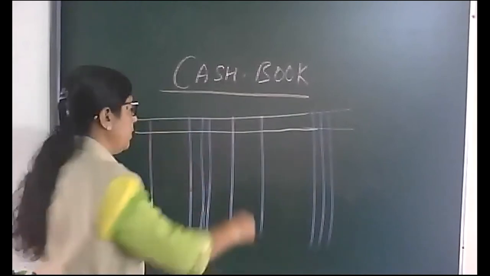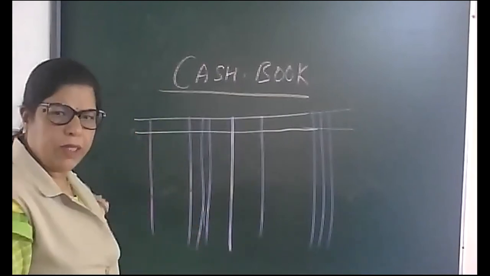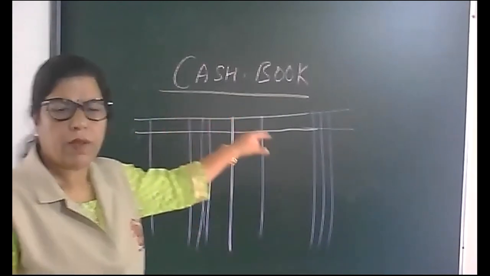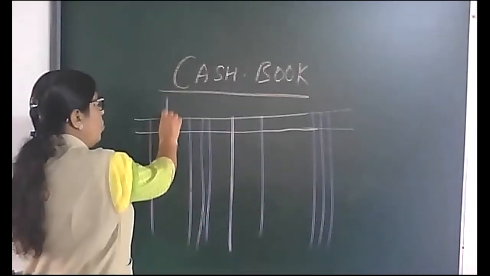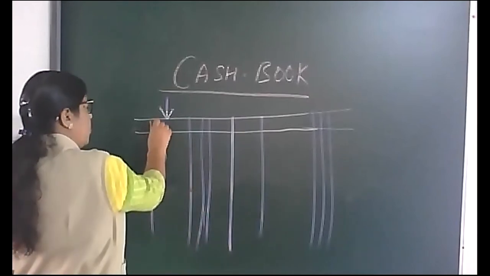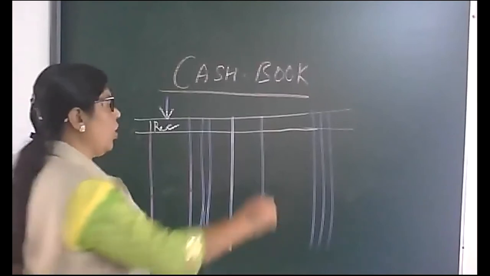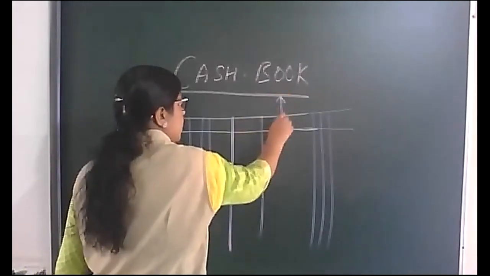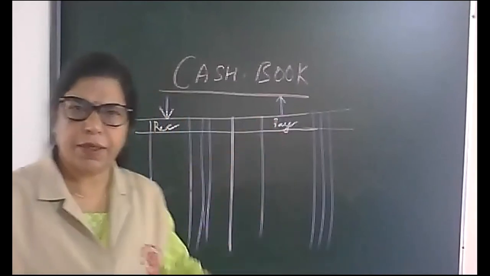This side will be termed debit, that is credit. All inflows and all receipts will be on this side, and all payments and outflows will be on that side.